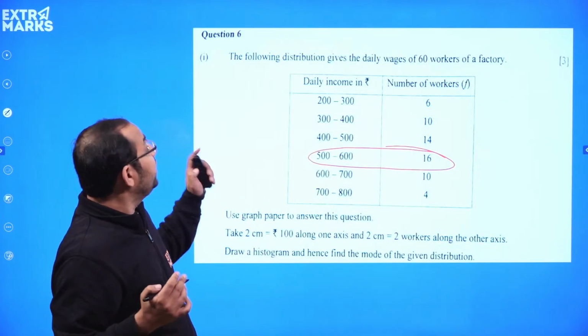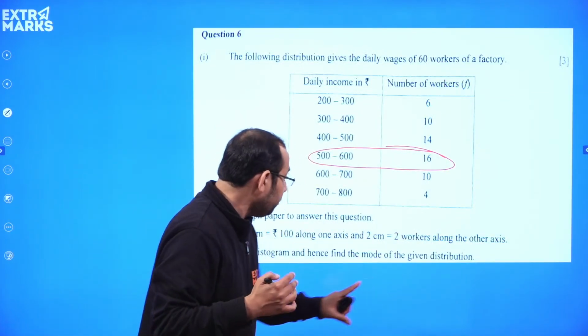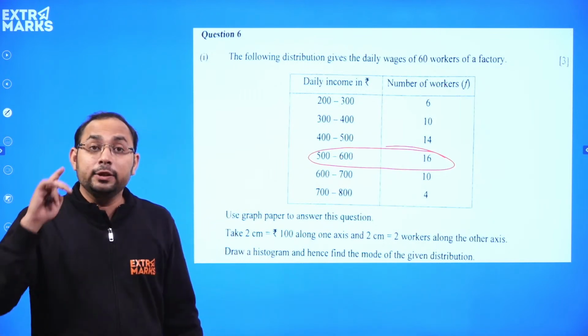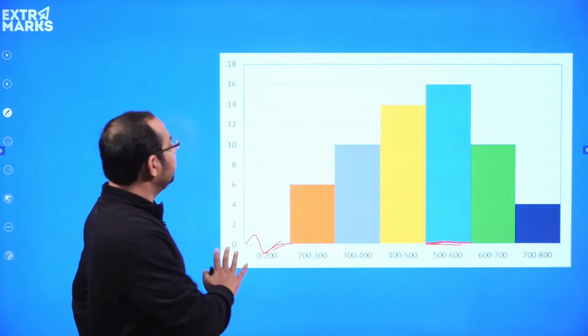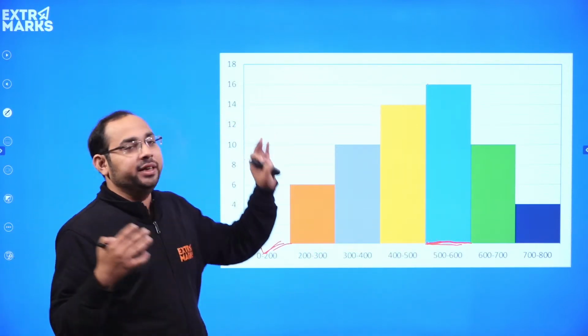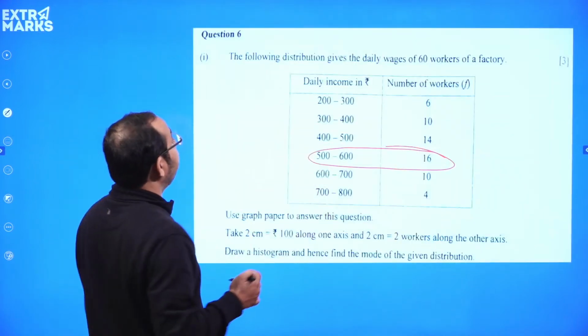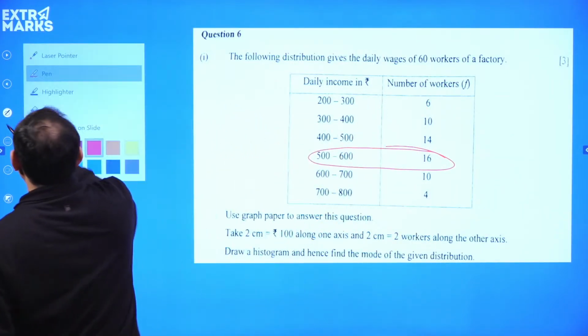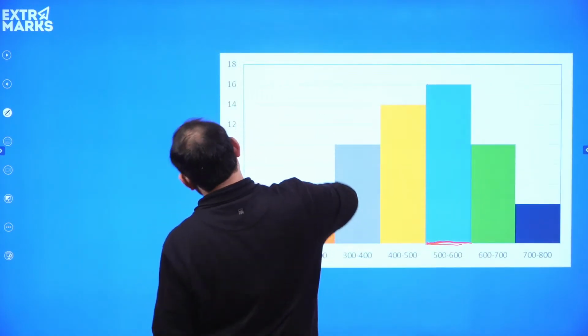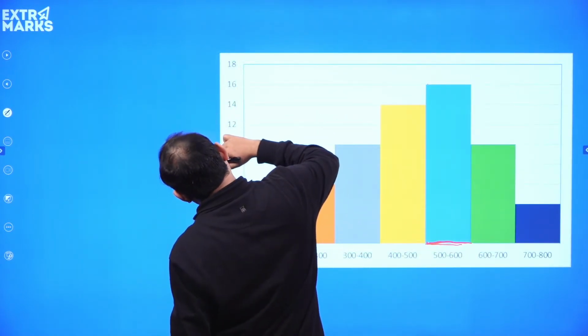Now because we are doing it on the graph paper only, how will the step marking be done? So the step marking will be like this. First thing, your x and y axis should be correct. Second thing, everything should be written correctly. For example, you should have written here number of workers.